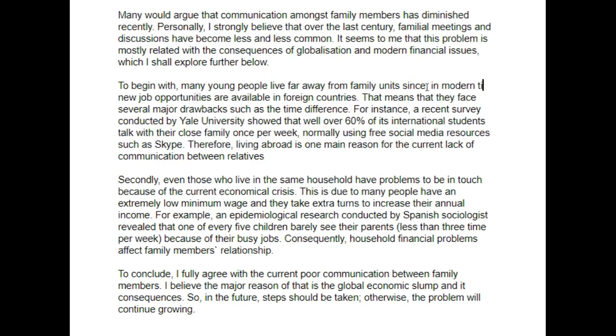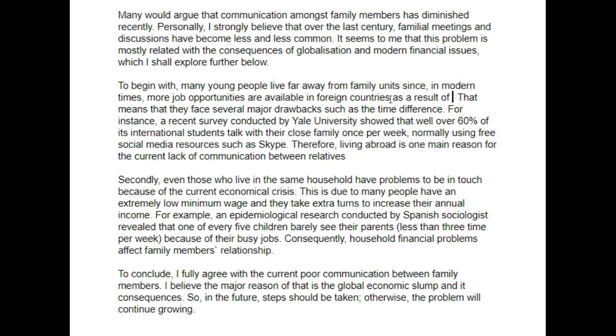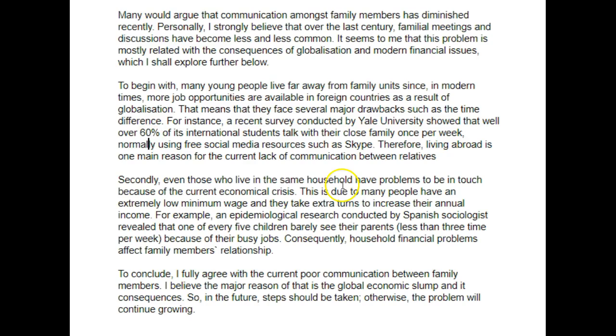In modern times, more job opportunities are available in foreign countries as a result of, I want to talk about ease of travel. So actually we could just say globalization, because that covers it.